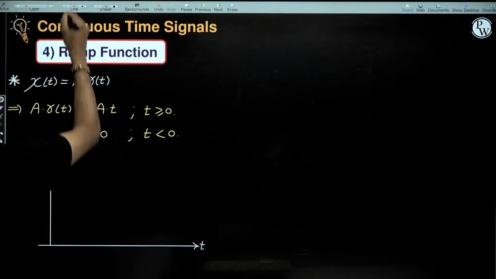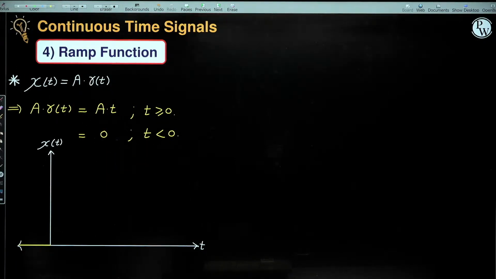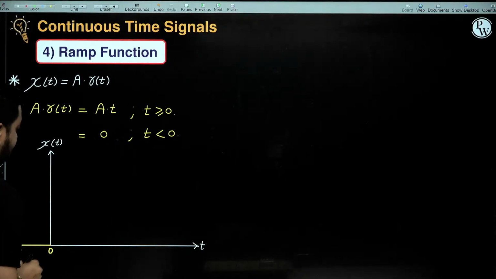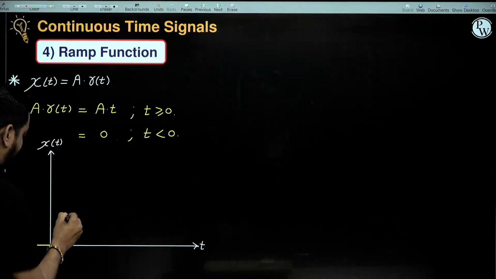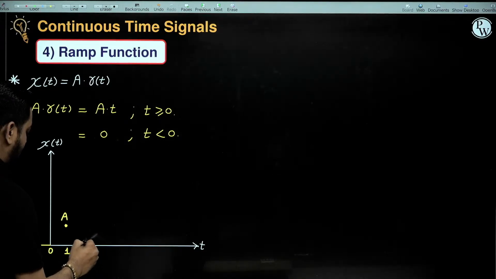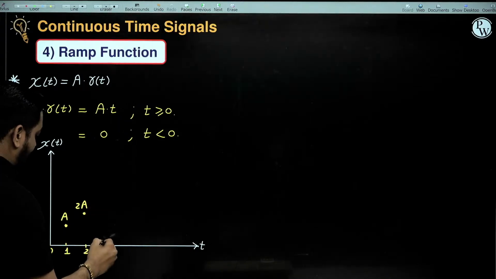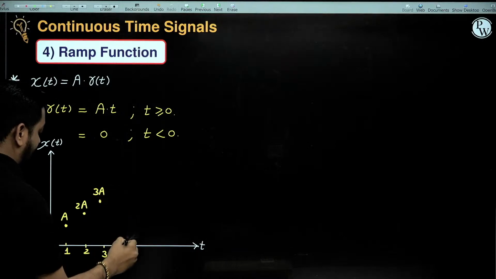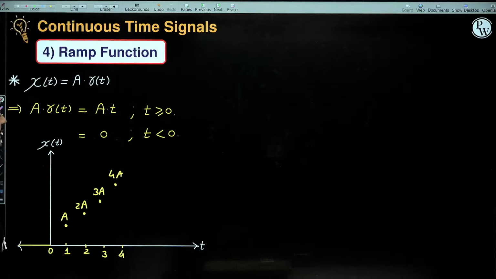You can observe here that for t less than 0 the amplitude is 0, and for t equal to 0 the amplitude is 0. At t equal to 1 the amplitude is a, at t equal to 2 the amplitude is 2a, at t equal to 3 the amplitude is 3a, at t equal to 4 it is 4a, and so on.